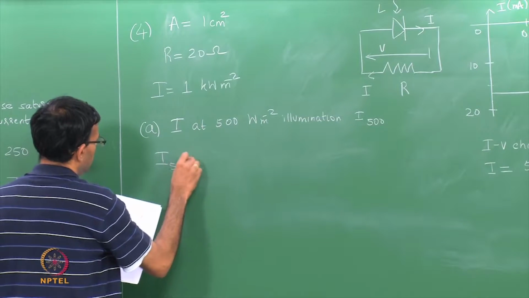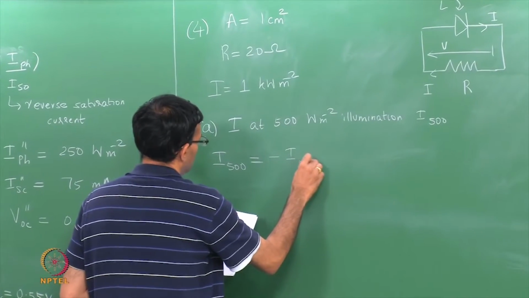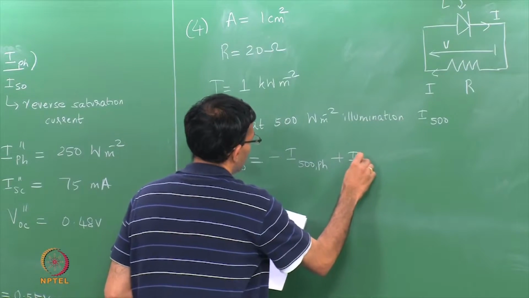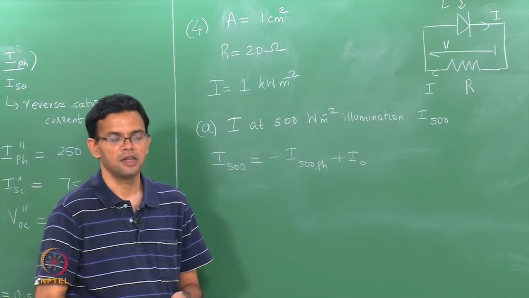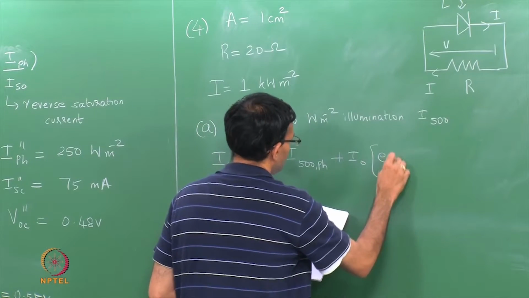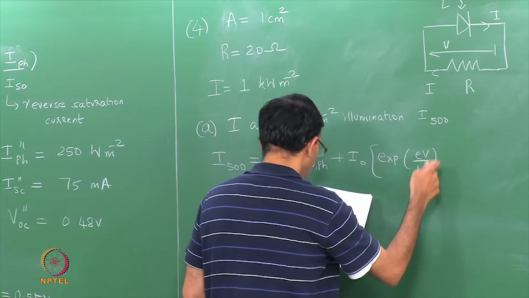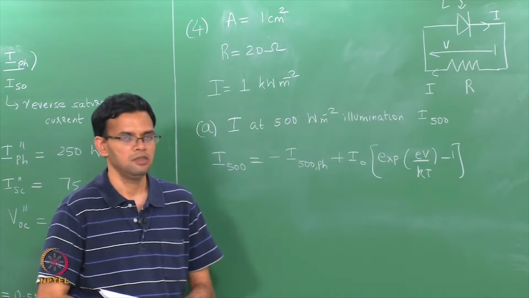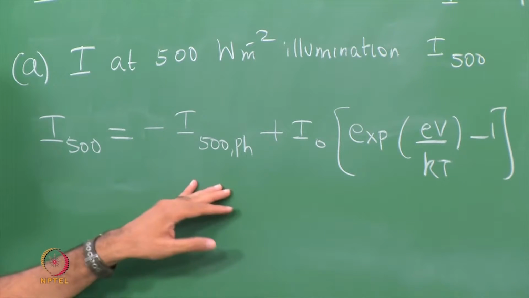So, I 500 is given by the intensity of the light plus a voltage due to the potential barrier that is created by the resistor. This is given as I naught exponential EV over kT minus 1.